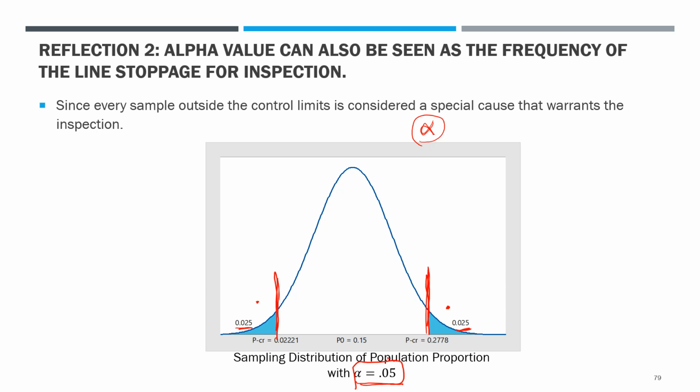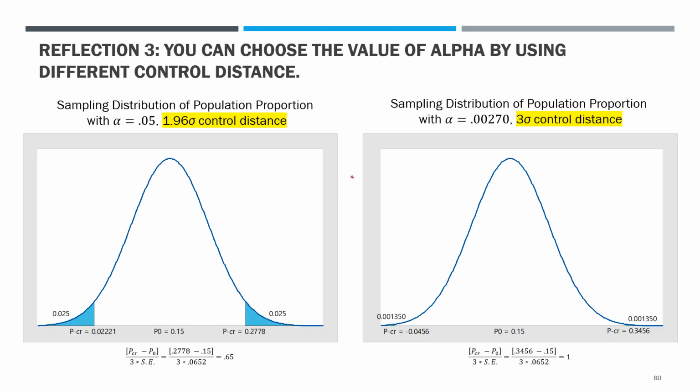Again, the conclusion here is that alpha value can be seen as the frequency of line stoppage for inspection. Every item outside of this limit is considered an outlier that raises some suspicion over the true mean. Next slide.